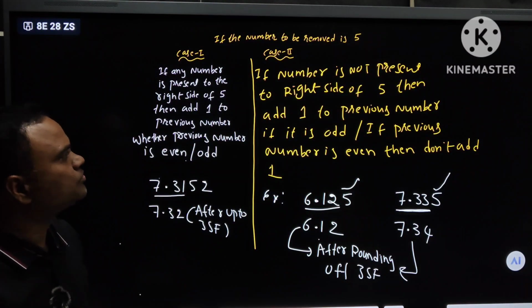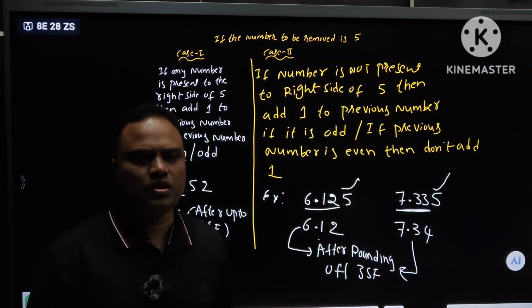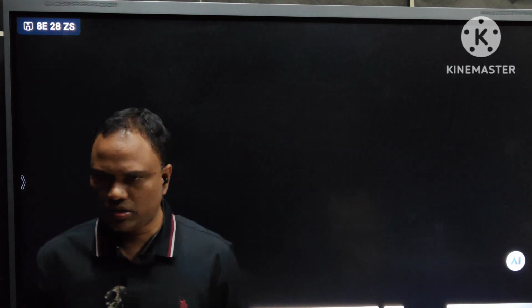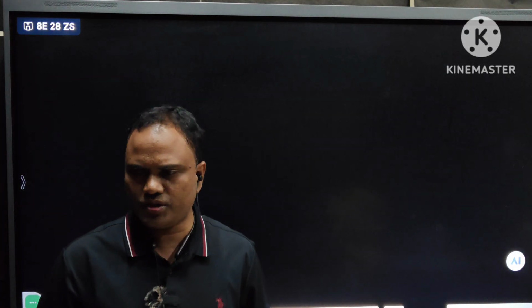Let us continue. These are basic rules. Okay, now next, addition and subtraction. Rules to follow while doing addition and subtraction. Next, multiplication and division.